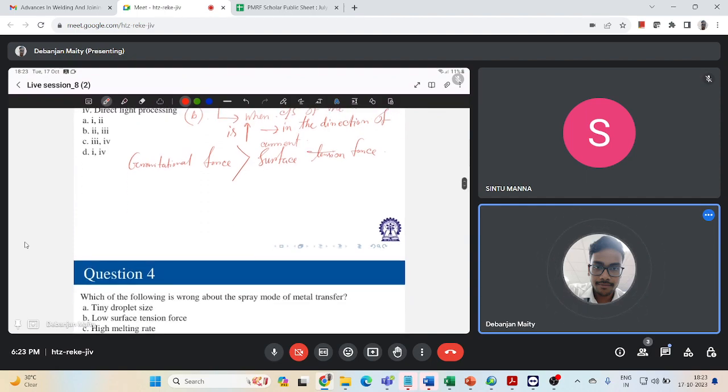Then you will have spray transfer. I talked about globular transfer. Then you have spray transfer. What is there in spray transfer?